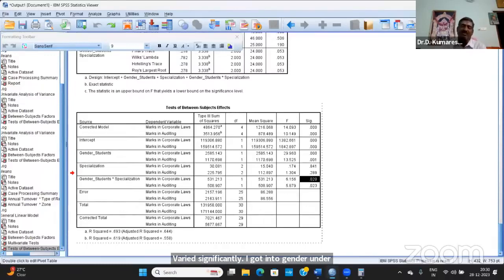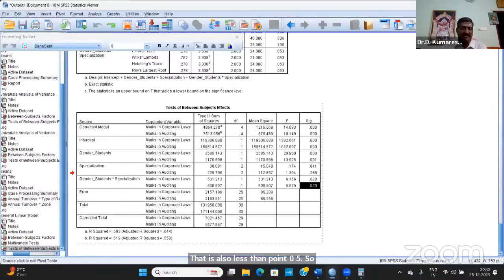Marks in auditing also varied significantly according to gender and specialization, because the p-value is 0.023, that is also less than 0.05.